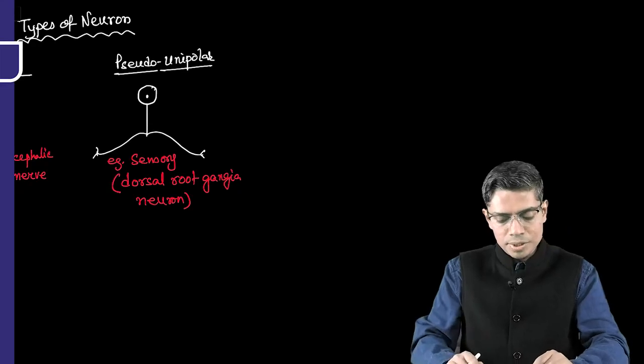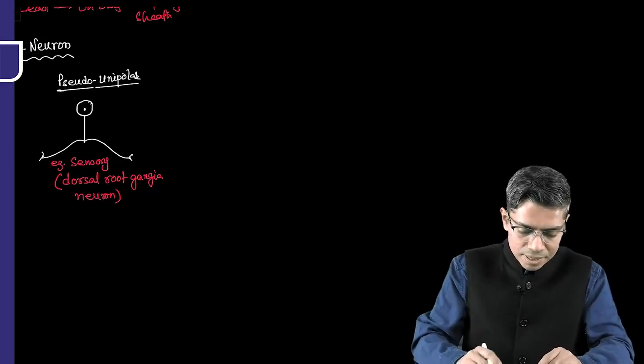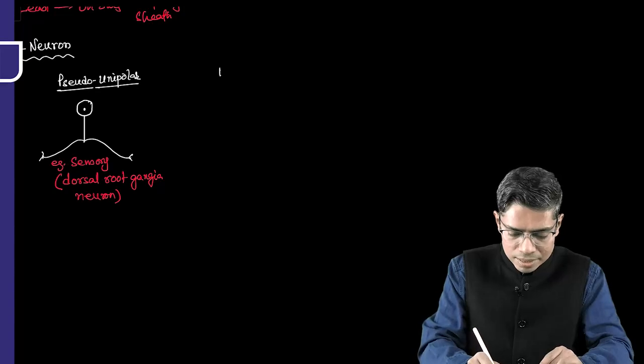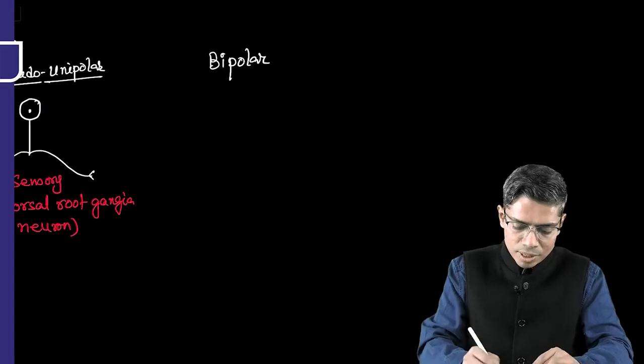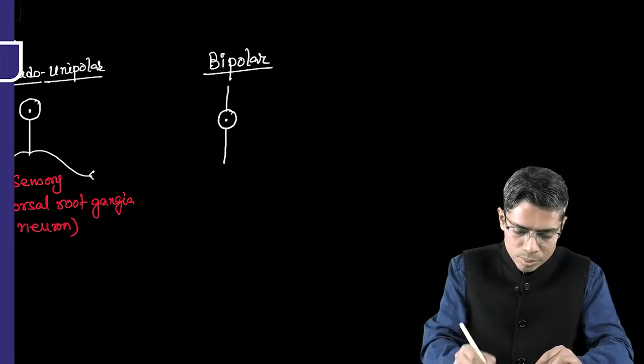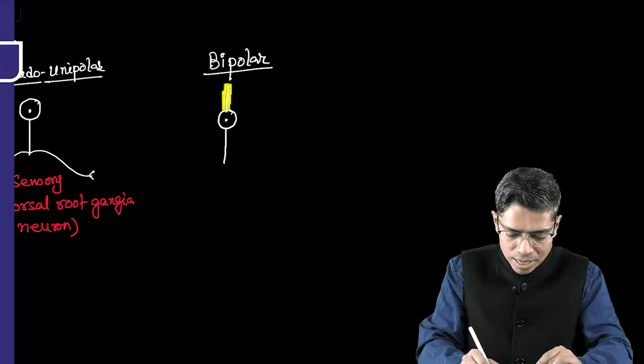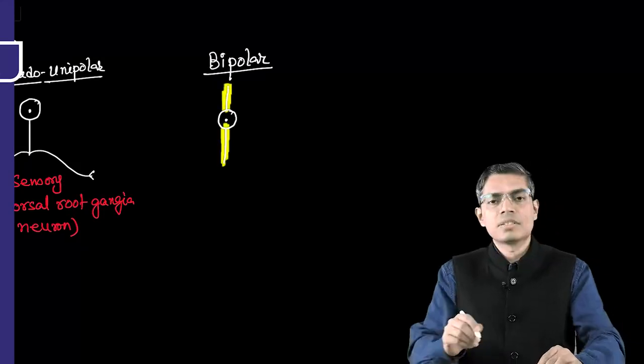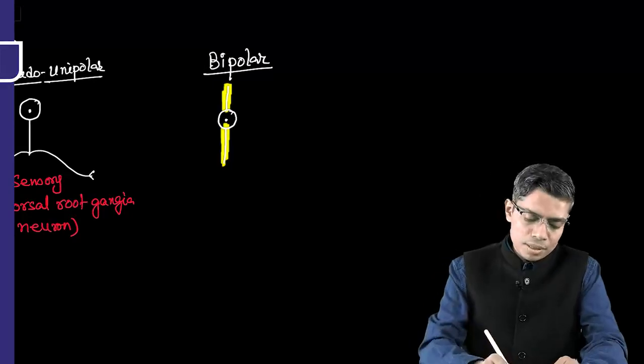So this is pseudo-unipolar. The next variety is very simple, that is the bipolar neuron. From the cell body, two branches, both of them attached with the cell body. That's why this is known as bipolar neuron.